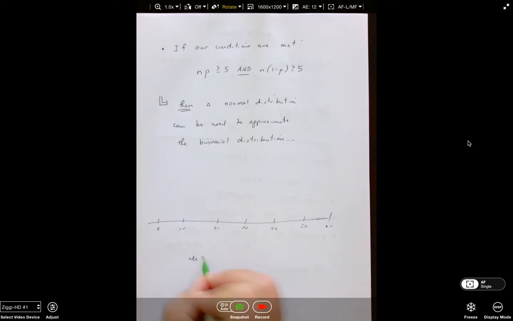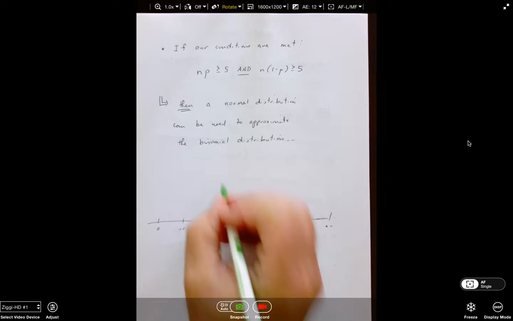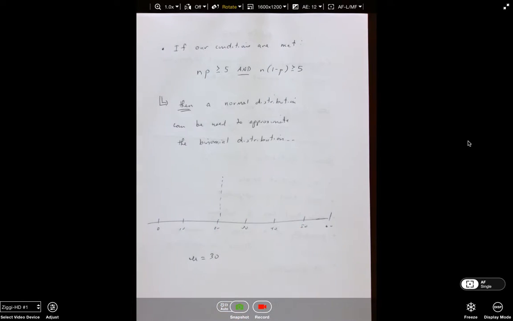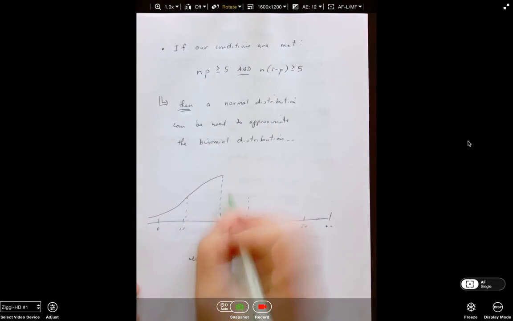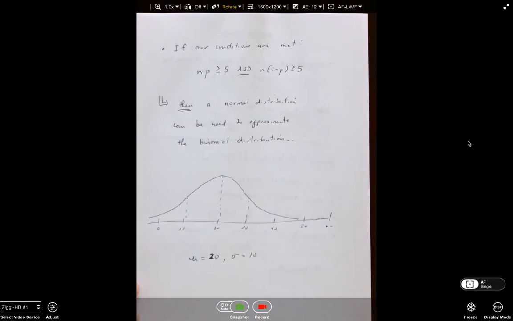Well, if we know the mean, we know that distribution is centered right there. Well, I can't even read my own writing, so let's say 20. And we also need to know the standard deviation to know an indication of spread. So when I know the mean and I know the standard deviation, then I define my normal distribution.